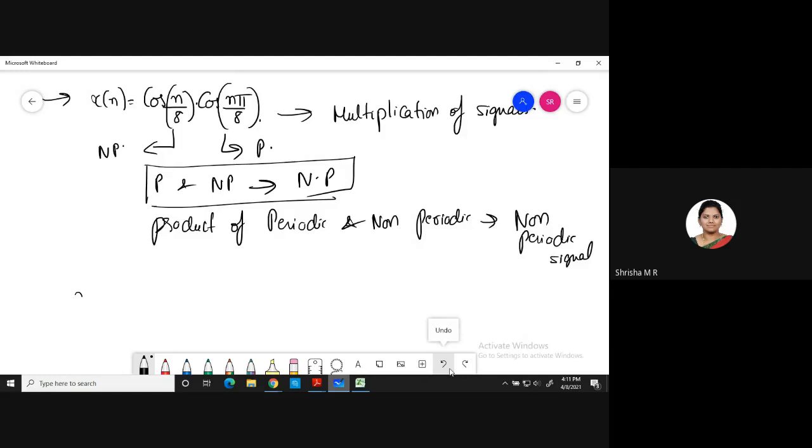Take down next problem. X of n is equal to sine pi plus 0.2 n. Try this. It's periodic or non-periodic.